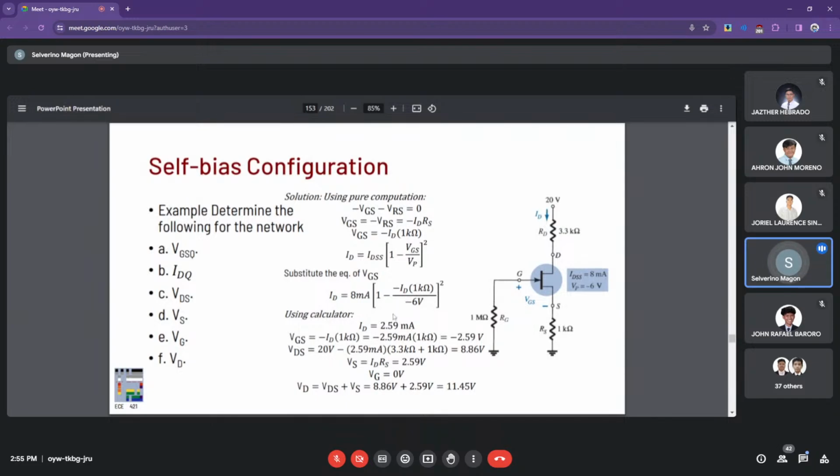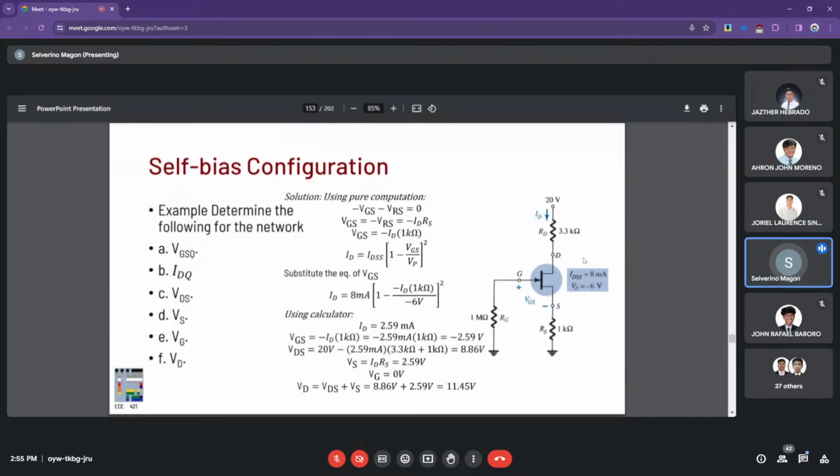The resulting equation from Shockley's is that of a second order. You can use shift solve for this case and then come up with the drain current. Now, once you have the drain current, we can go back to the VGS value here, and we can have the VGS now at this part. Once you have the VGS, we can now proceed with the drain to source.